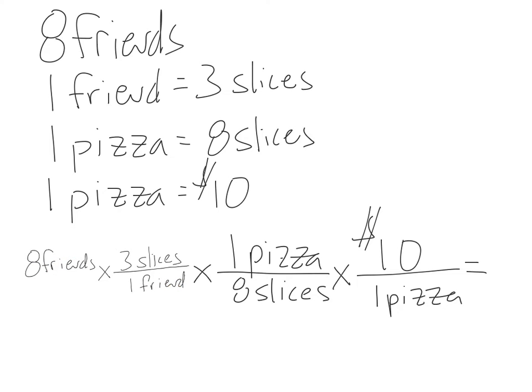Friends cancel, slices cancel, pizza cancels. So looking at the math, it's going to be 8 times 3 is 24, divided by 8 is 3, multiplied by 10 is going to give me an answer of $30.